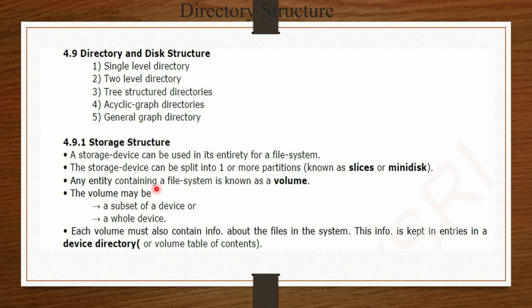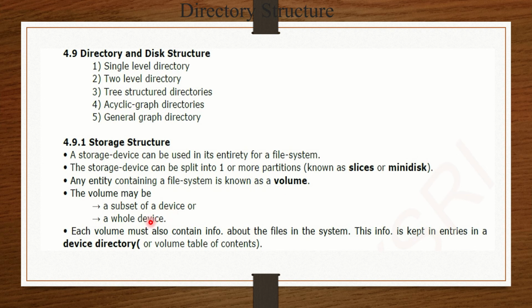Any entity containing a file system is known as a volume. That particular entity is divided into different partitions, and each partition will have some files. That partition is known as a volume. We are giving a term called volume. Each volume may be a subset of a particular device or a whole device.